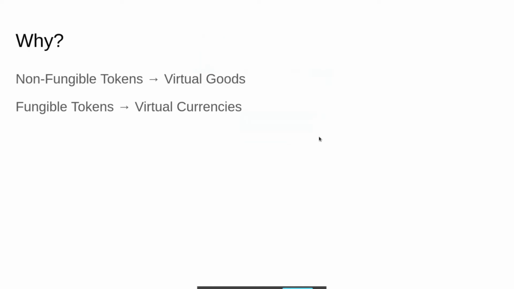The first thing to understand is that we have many different classification schemes, and one of the most common and original is non-fungible tokens to represent virtual goods, and fungible tokens to represent virtual currencies. It's an imperfect taxonomy because all the taxonomies we have so far are imperfect, and there's no industry-wide consensus quite yet.